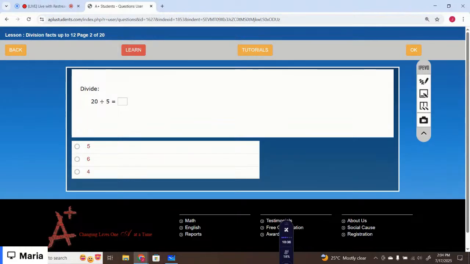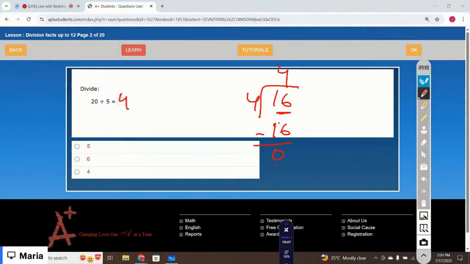Divide 20 divided by 5. Let's just count the table of 5 until 20. So 5 times what number is 20? Here we have 20 divided by 5. 5 times 4 is 20.